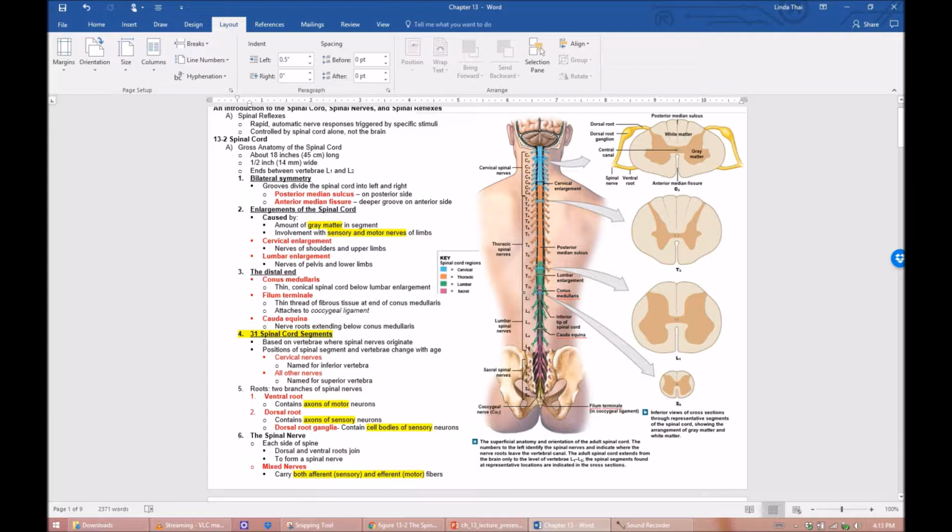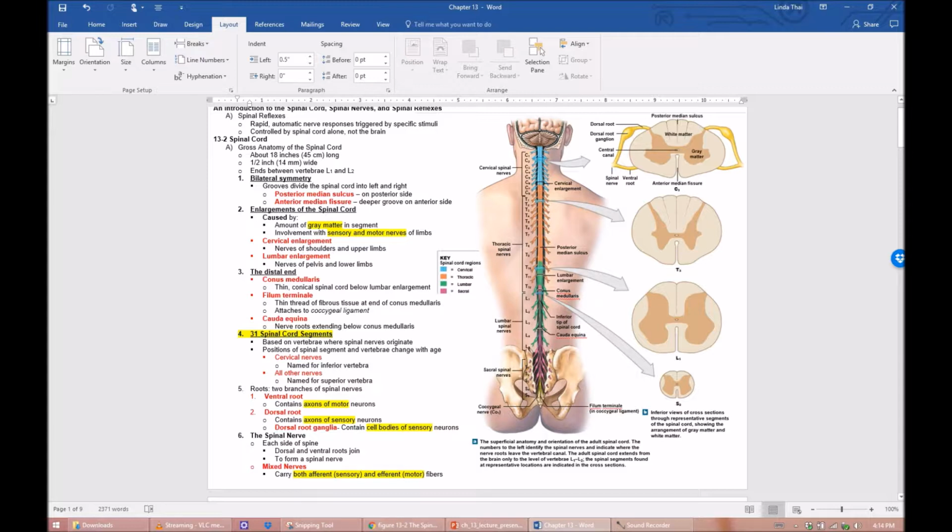So this helps support our spine longitudinally. And then lastly we have the cauda equina. So cauda means tail, equina means horse. Because the end of our spinal cord kind of looks like a horse tail, they call this the cauda equina. And these are nerve roots extending below the conus medullaris.